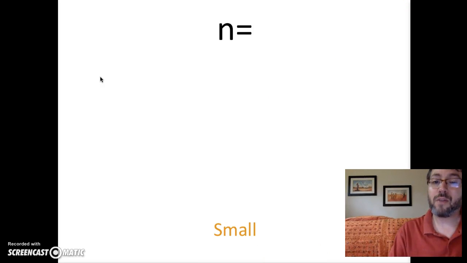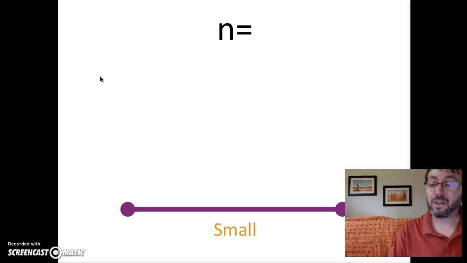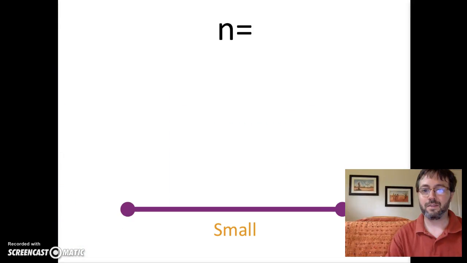So when we have a very small sample size, our confidence intervals, or our variance, how much difference there is in observations around our measure of central tendency, is very large. So a small sample gives us very large confidence intervals.